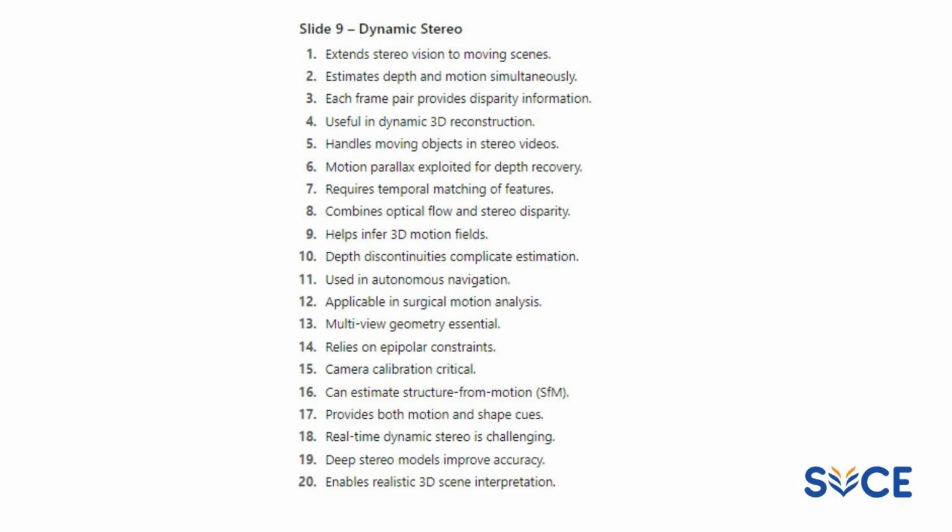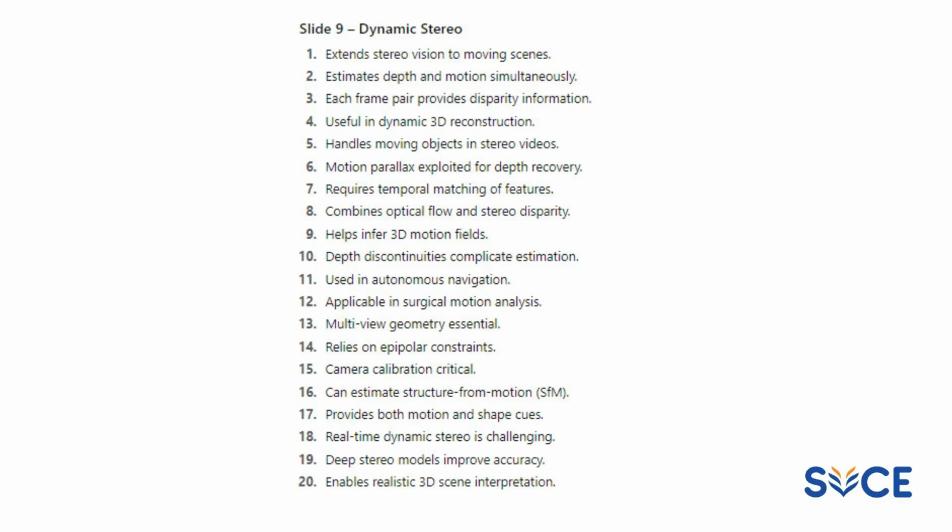Dynamic stereo applies the stereo matching across multiple frames, which captures the moving objects, their 3D positions and trajectories over time. So it combines the spatial disparity, that is the depth from stereo, with temporal coherence, the motion across the frames.